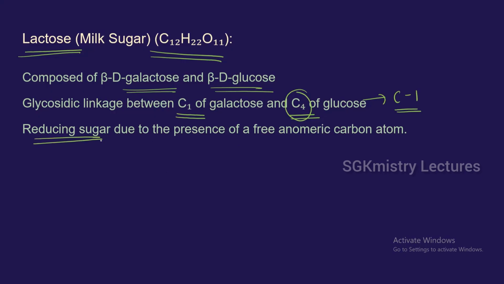Let us write the structure for the lactose. So first we need to write the galactose. Galactose is also similar to that of glucose, but it is a C4 epimer of glucose. Now what is called as the epimer? So here, in case of epimers, the configuration around only one of the carbon will be different with respect to each other.